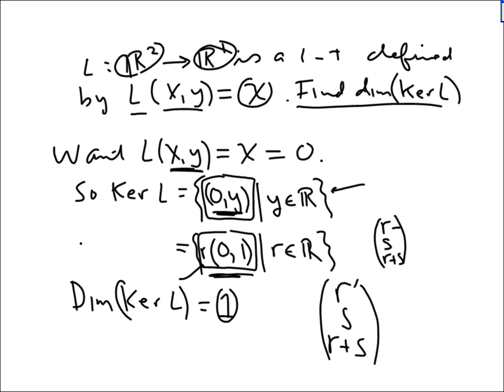For example, I can tell you r is 3, and s is 7, and r plus s is 10. But I didn't have to tell you what r plus s is. If I just tell you what r and s are, you can do the addition yourself. 3 plus 7 is 10. That would be dimension 2. In our case, it's dimension 1. The kernel is one-dimensional.